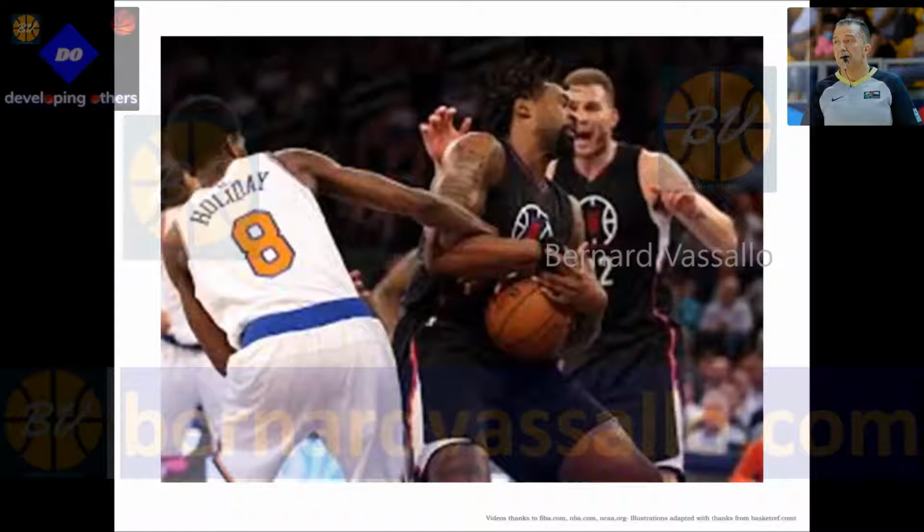Here, white number 8, trying to steal the ball, clearly is making contact with the hands of the player in the black uniform, and that would be a foul.